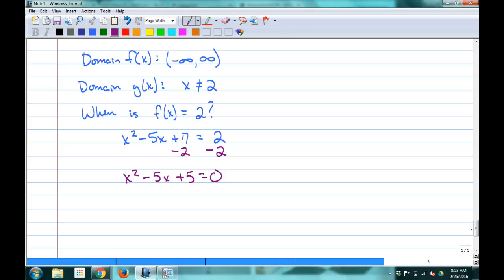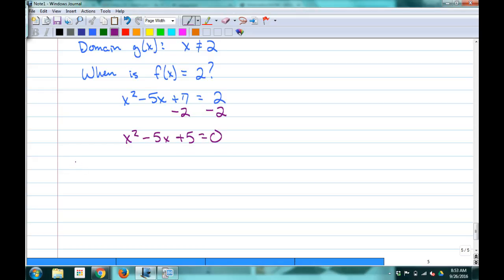Quadratic formula is my number one option most of the time when I'm solving a quadratic. So let's do that. x equals negative b plus or minus the radical of b squared minus 4ac, divided by 2a. And simplify that.